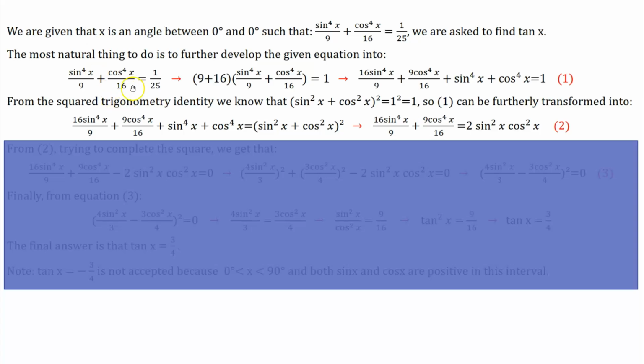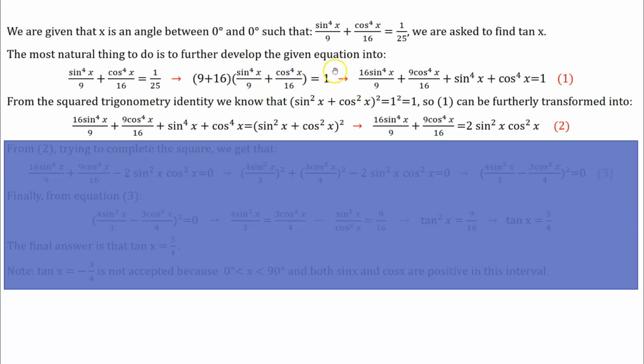So we multiply both sides of the given equation by 25, and we will have that 25 multiplies the sine of x to the fourth divided by 9 plus cosine of x to the fourth divided by 16, which is equal to 1.